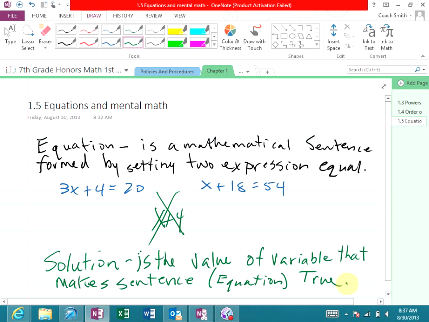Okay? A solution is the value of the variable that makes the sentence or equation true.